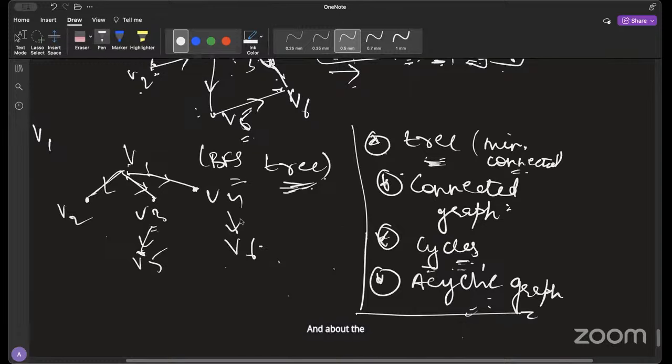And about the connected and disconnected thing, just give me a second.